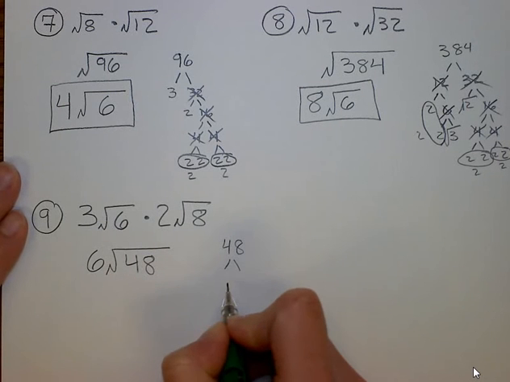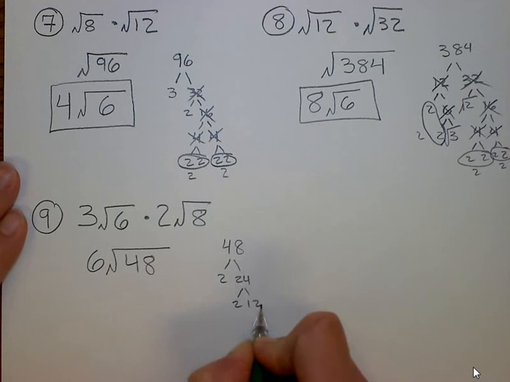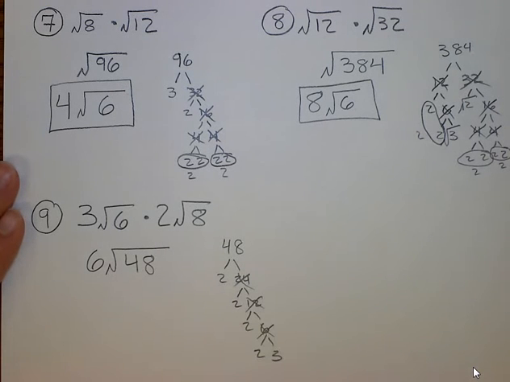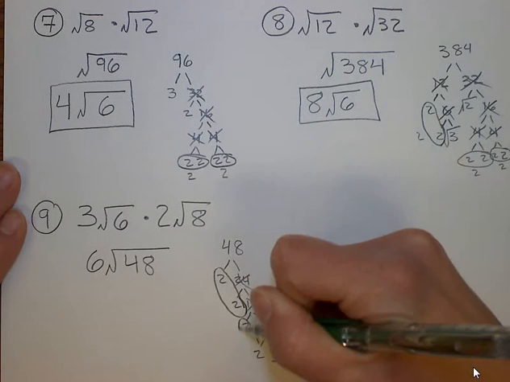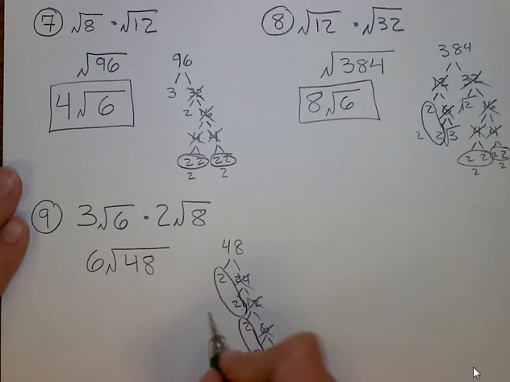We can break it down into 2 and 24, 2 and 12, 2 and 6, 2 and 3, and we finally have all prime numbers. So we start circling pairs. There's two 2's here, there's two 2's here, but poor 3 is stuck in the square root. So a 2 and a 2 can pull out.